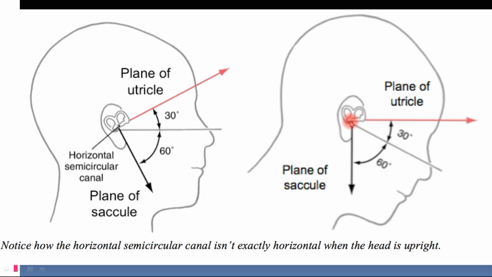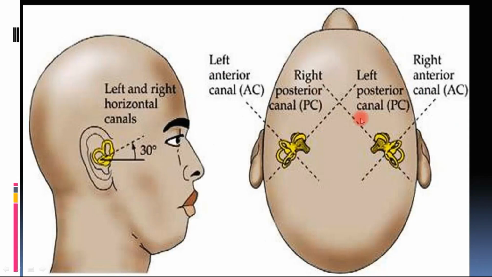So this is the orientation of the horizontal canal. As you can see here, when the head is straight, it is 30 degrees upward. If the head is bent, then it comes parallel to the surface of the earth.